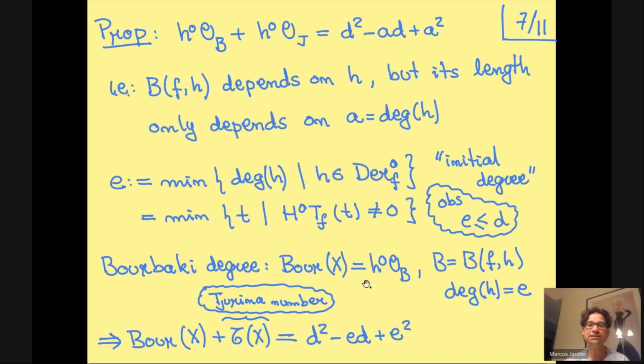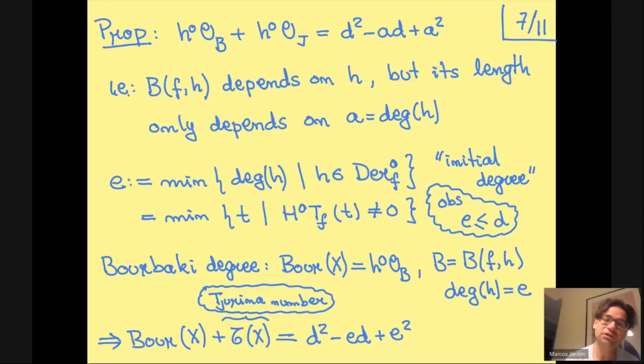This number, the Bourbaki degree of a curve, will only depend on the curve and not on the particular choice of derivation of minimal degree that you choose. And this formula on the top can then be rewritten in this way. So the Bourbaki degree plus the Tiurina number for the curve is always given by this formula here, involving the degree of the curve and the initial degree.